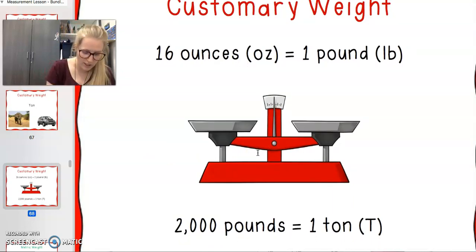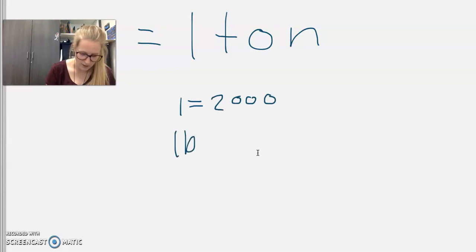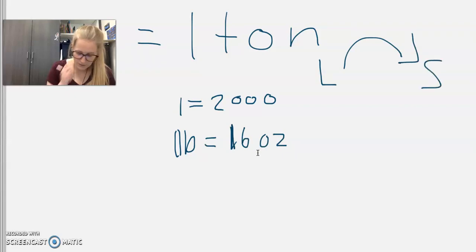So if we were to say how many ounces equals 1 ton, I would have to say, okay, so 1 ton equals 2,000 pounds. 1 pound equals 16 ounces. So I'm going large to small.